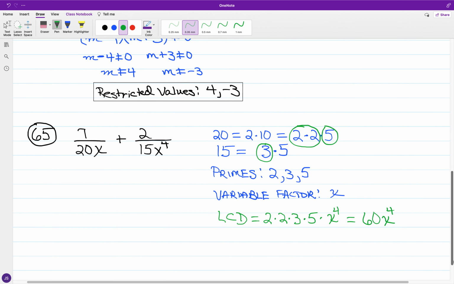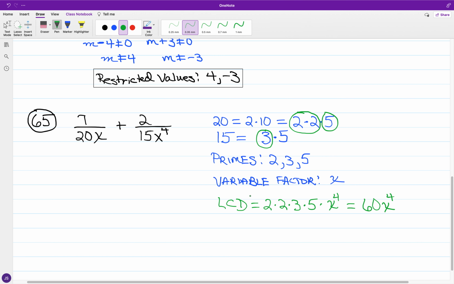And the smallest term that both 20x and 15x to the 4th will both go into is going to be 60x to the 4th. And so working with these ratios, you have 7 over 20x, and 20x into 60x to the 4th.